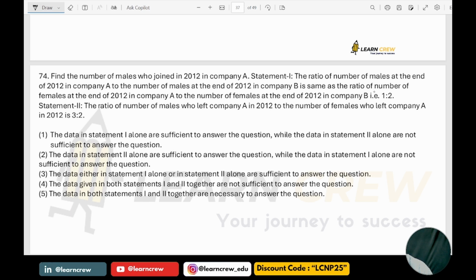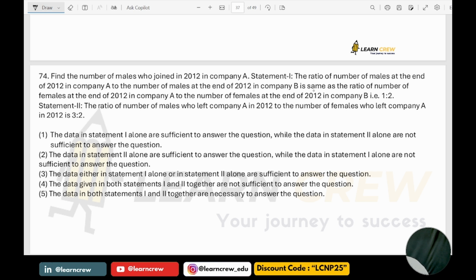The ratio of number of males at the end of 2012 in company A to number of males at the end of 2012 in company B is same as the ratio of number of females at the end of 2012 in company A to number of females at the end of 2012 in company B, that is 1:2. So from this can anything be done?